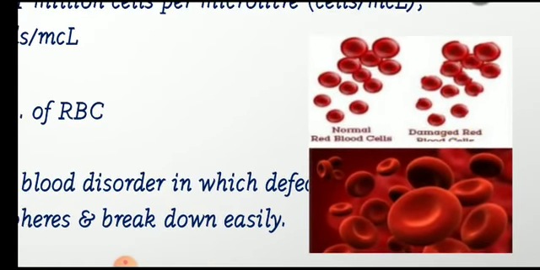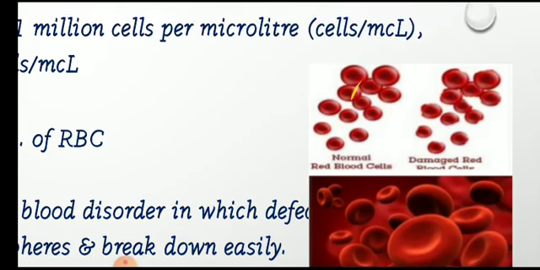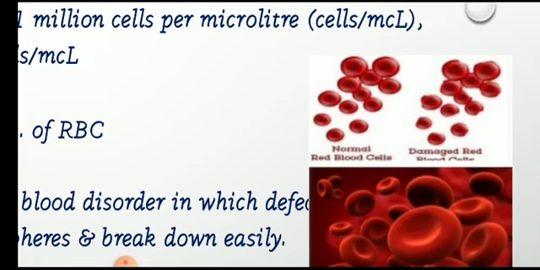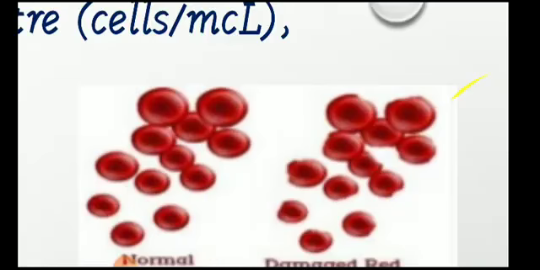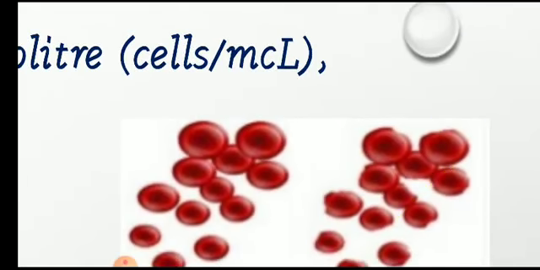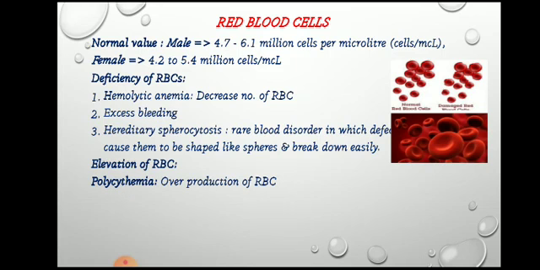See, normal RBCs look like this, while the damaged RBCs look like this. You can see the damaged cells over here. Then if the levels of RBCs are higher, that is also sometimes observed in the tests.